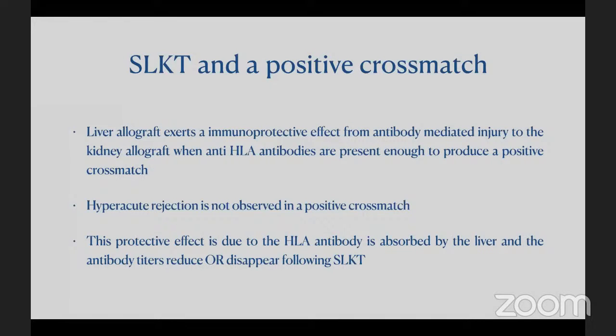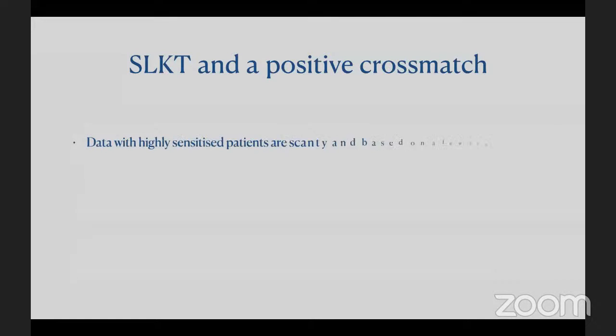Hyperacute rejections are not observed when you have a simultaneous liver transplantation along with the kidney transplant. This protective effect is due to the HLA antibody getting absorbed by the liver, and the titers come down or they disappear following the SLKT. So this was a very positive thing for us.